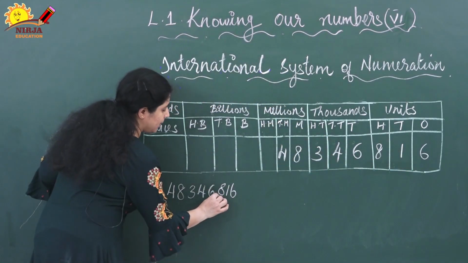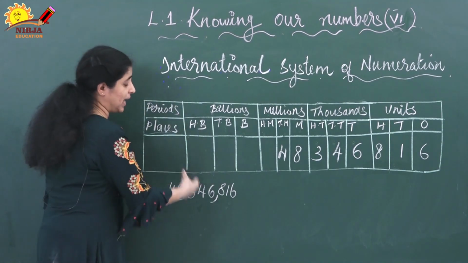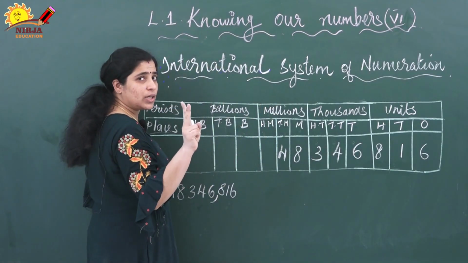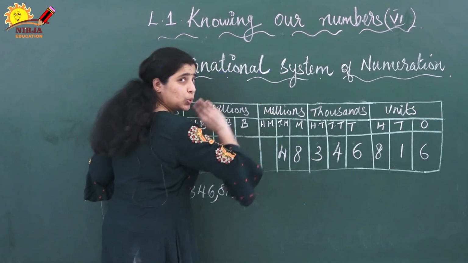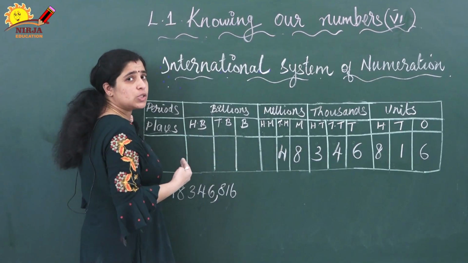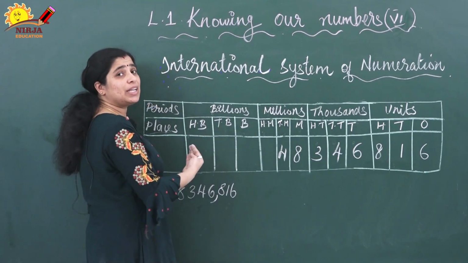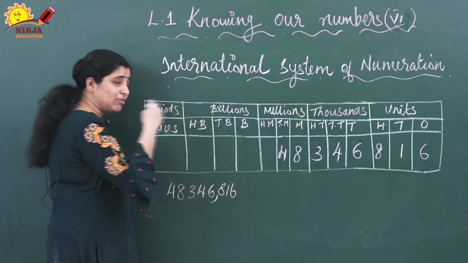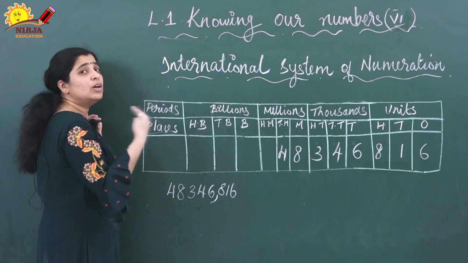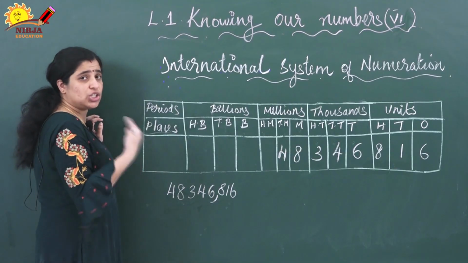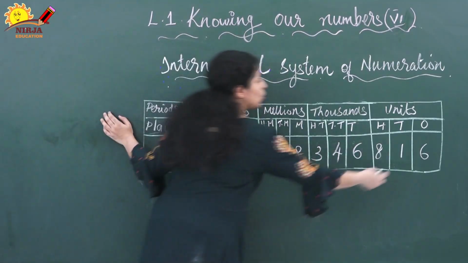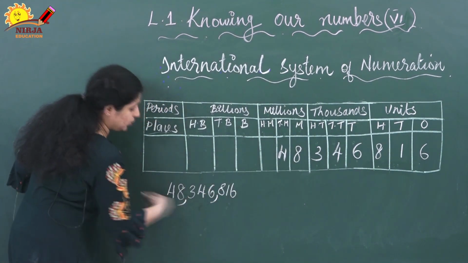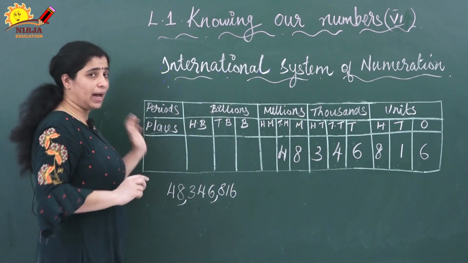In the Indian system there were 2 digits in each period except the units, but here each period is subdivided into 3. So in the international system you insert commas after every 3 digits. 1, 2, 3. Again 1, 2, 3. Here also 3. Now this is separated by commas.